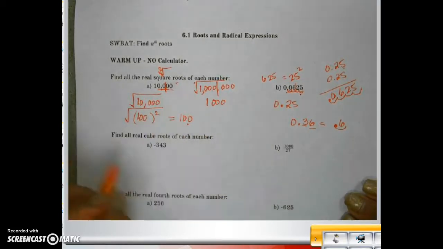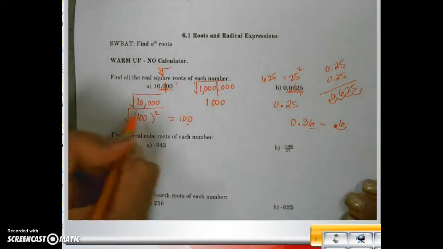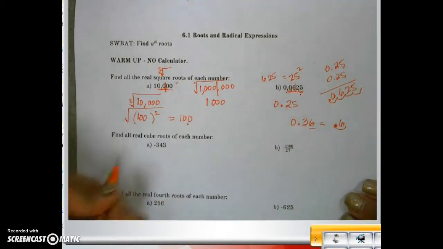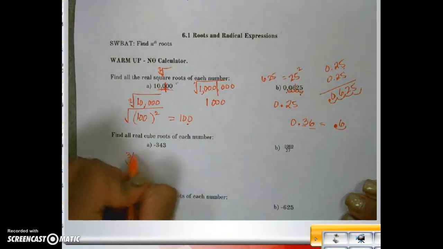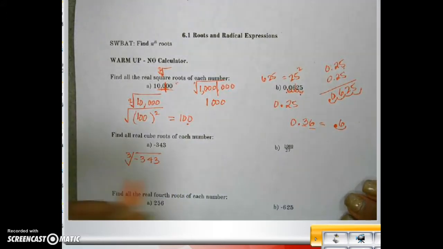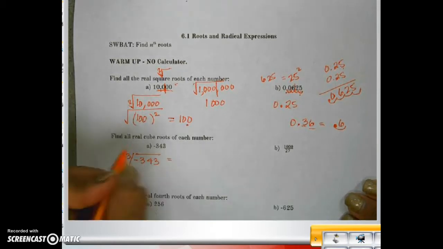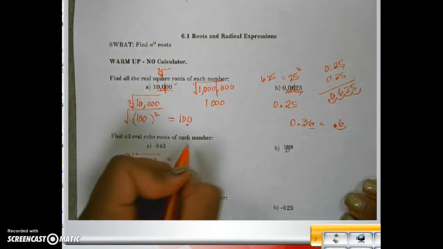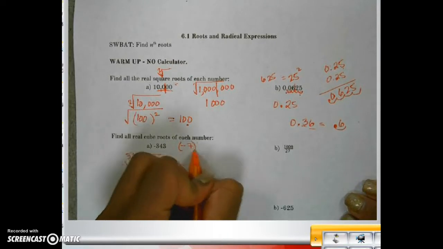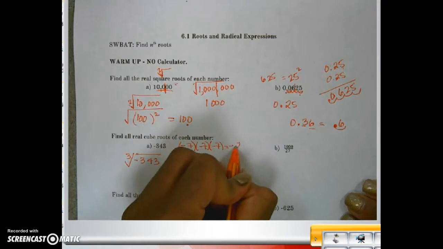Okay. Next thing, cube roots. Instead of square roots, which would have a 2 here, a cube root has a 3. So the cube root of -343. Now, I'm pretty familiar with my cubes, and I know that 343 is like -7 cubed, meaning if I multiply -7 times -7 times -7, I get -243.